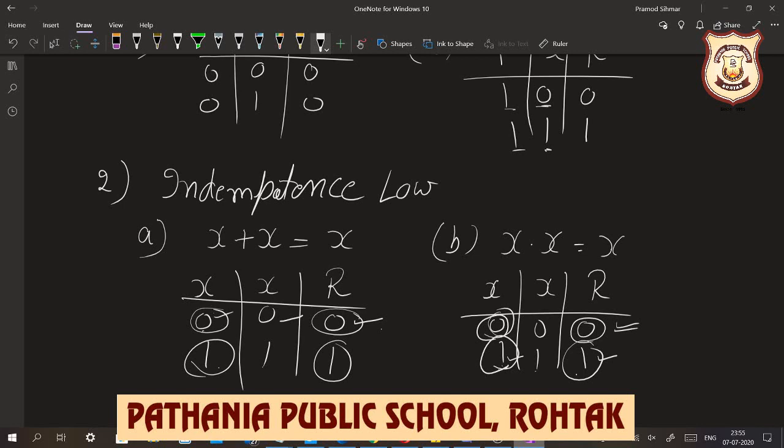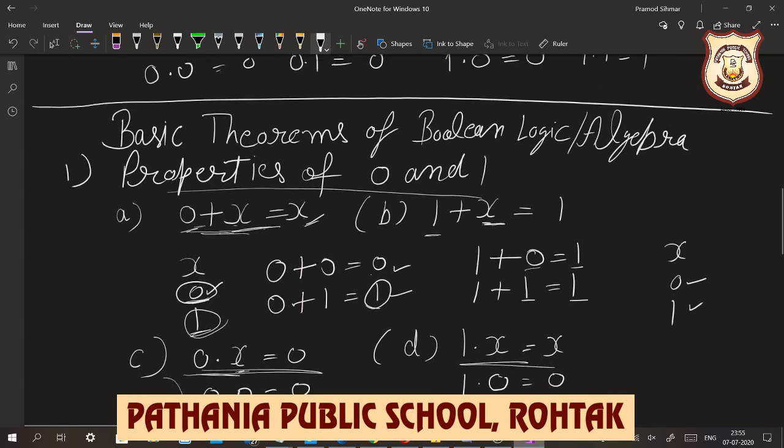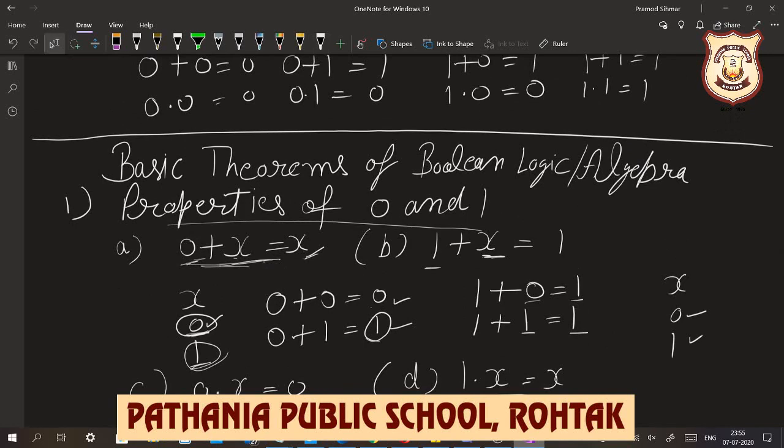After that we learned the principle of duality: changing each OR sign to AND and each AND sign to OR, and replacing 0 by 1 and 1 by 0.